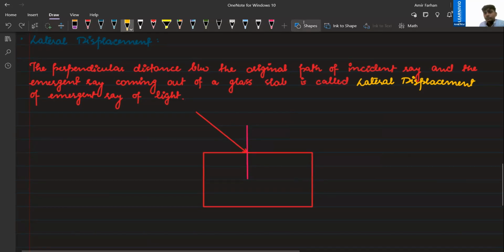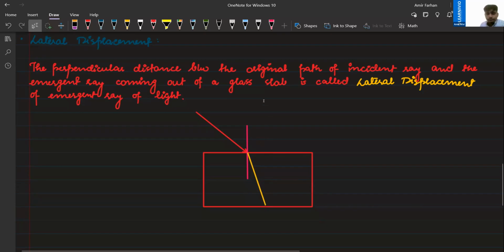So you can see this, everyone. The light is bending towards the normal. Actually, it should have gone straight, but due to the change in speed of light, it is bending towards the normal. Clear?